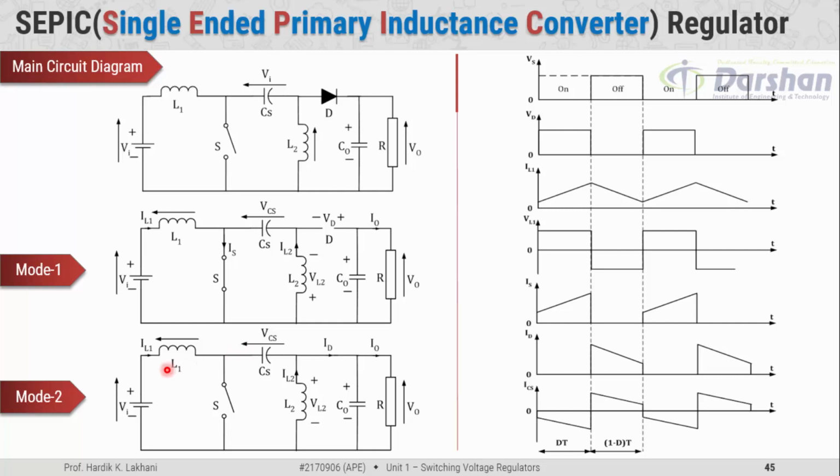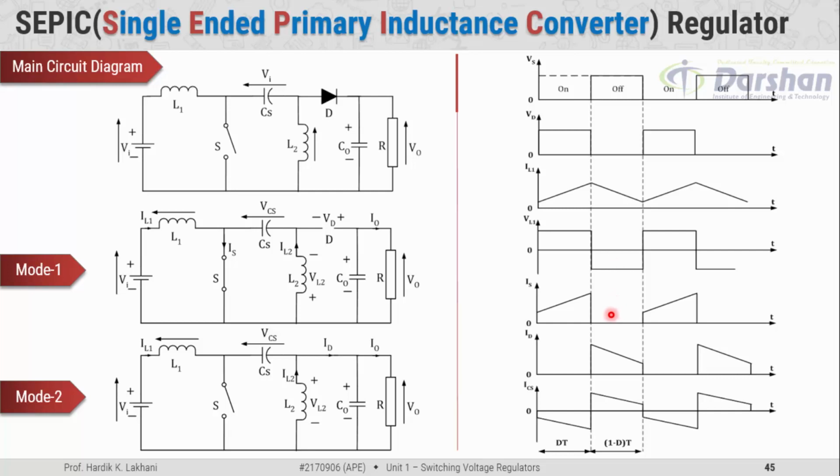So the current through inductor L1, which is IL1, gradually decreases from the maximum value towards the minimum value. During the second interval, when we apply KVL in the outer loop to find the voltage drop across L1, we get the voltage across inductor L1, VL1, equal to minus V output.